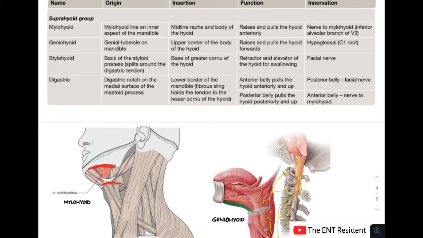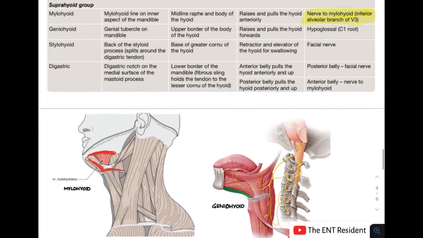This is the body of the hyoid bone, and also this is the midline raphe. The function of this muscle is that it raises and pulls the hyoid anteriorly, and this muscle gets its innervation by the nerve to mylohyoid, which is an inferior alveolar branch of the third division of the trigeminal nerve.